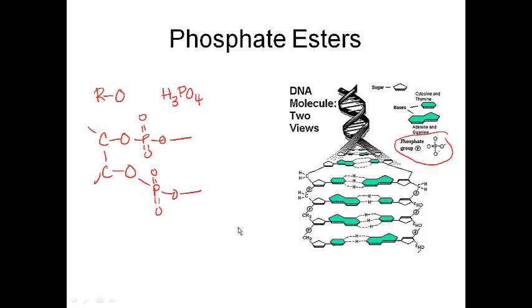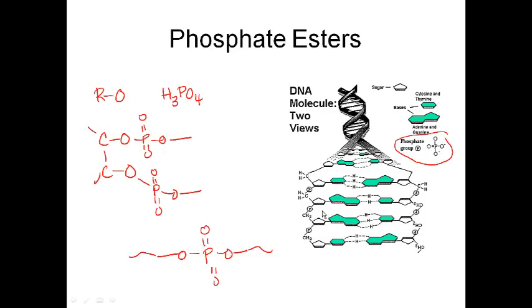or you could take a phosphate group, and it could be attached to two oxygens that are attached to two other groups. And these phosphate esters, that's DNA. When you have your ATCG base pairs attached to rings with CH2s, it's this little phosphate group that is linking all of the sugars together that the base pairs are hanging off of.